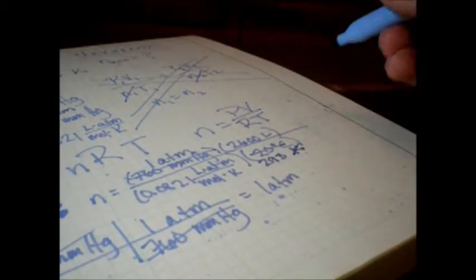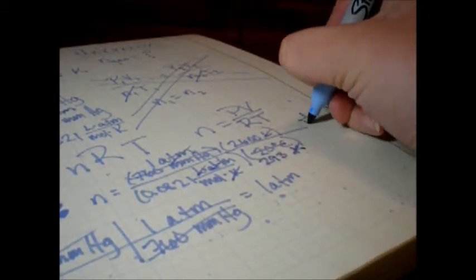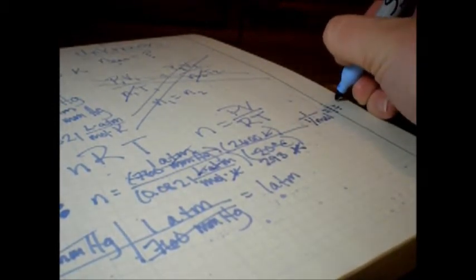And now our Kelvin and our Kelvin cancel, our liters and our liters cancel, our atmospheres and our atmospheres cancel. We're left with 1 over mole, which is the same thing as 1 divided by 1 over mole, which is the same thing as 1 times mole over 1, which is a mole. So we know that we've plugged everything in right because we ended up with the right units.